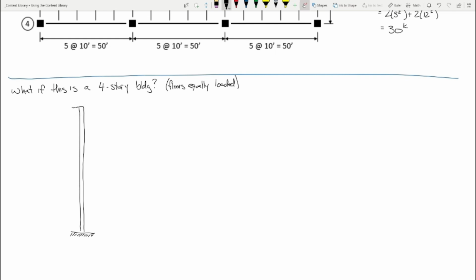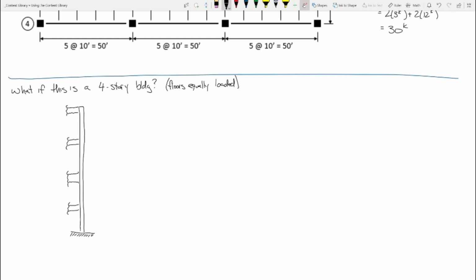All right, so what I'm going to do is I'm going to draw sort of the building like this. Okay, so what I've got is I've got this column coming up out of the ground, and I've got floors sticking out of it like that.